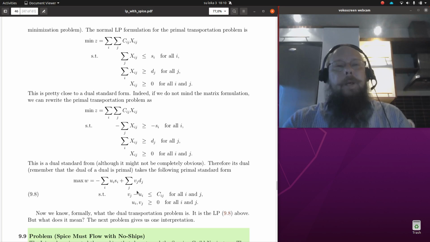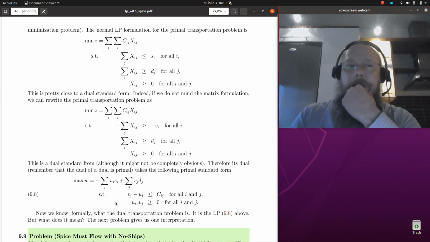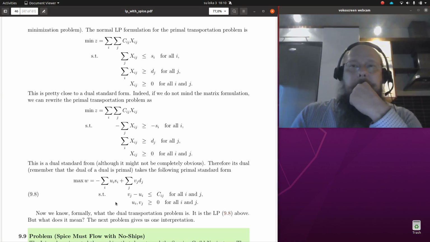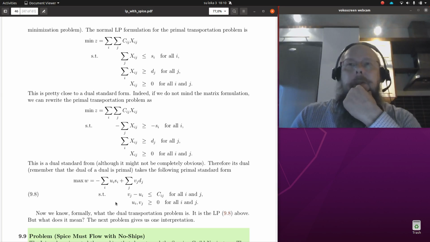Again, this minus corresponds to this one, and then there is this double sum because there are i times j variables here. So we have i times j constraints here, and the standard thing that these are non-negative. So this is formally what the dual transportation problem looks like.